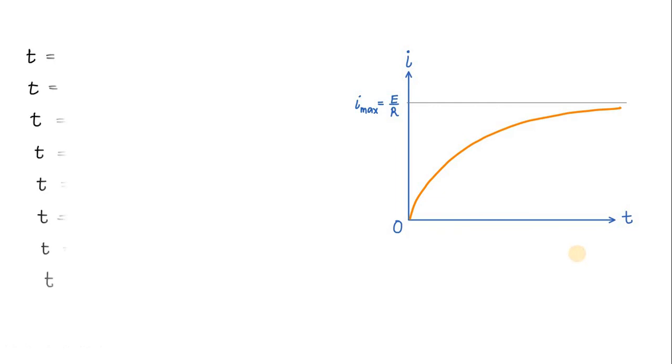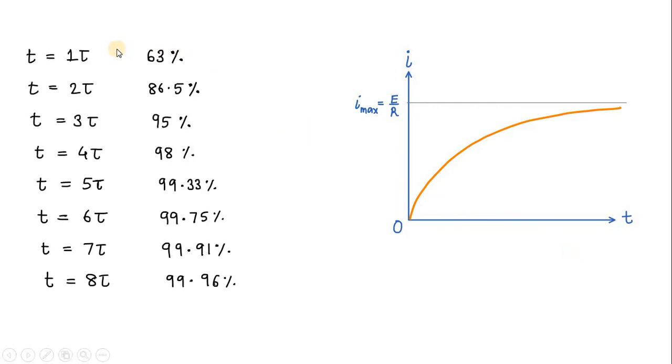Here I have done one analysis which I want to show you. After one, two, three, 4, 5, 6, 7, 8 time constants, I have calculated the percentages. After one time constant, current goes to 63% of the maximum value. After two, 86%. After three, 95%. After four, 98%.